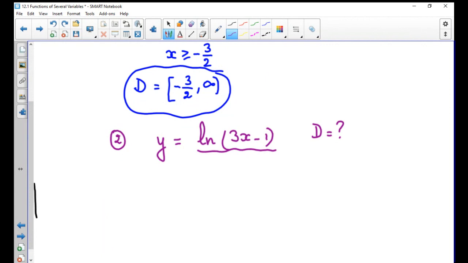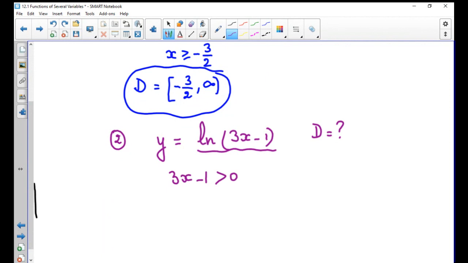No. So again, for this function to exist, 3x minus 1 must be greater than 0. This time, not equal to 0, because ln of 0, if you try it again, what will it give you? Nothing. No answer.